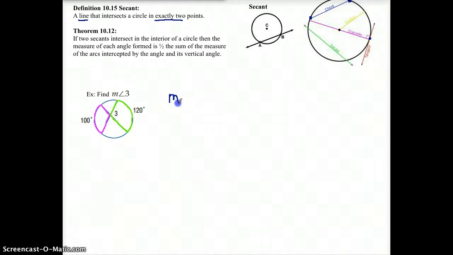So the measure of angle 3 is equal to 1/2 of those two arcs, which the first arc is 120 and the second arc is 100. So it is half of the sum of the arc created by the angle I want and its vertical angle.